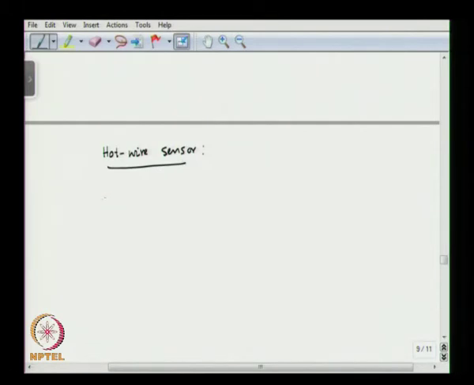So, the hot wire sensor basically measures the effect of flow on a hot body, and we are talking about forced convection, when there is fluid movement.